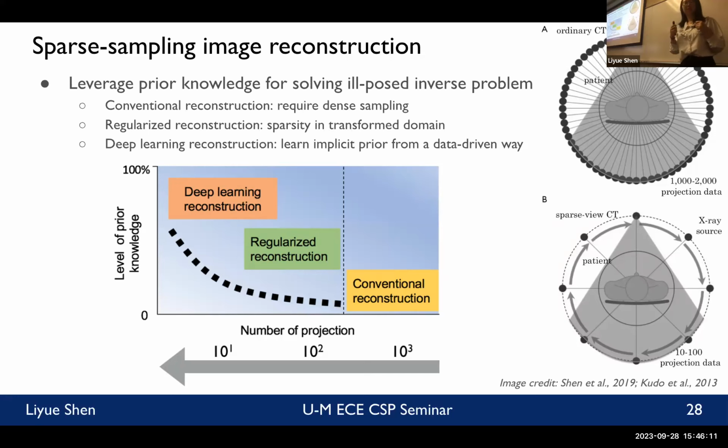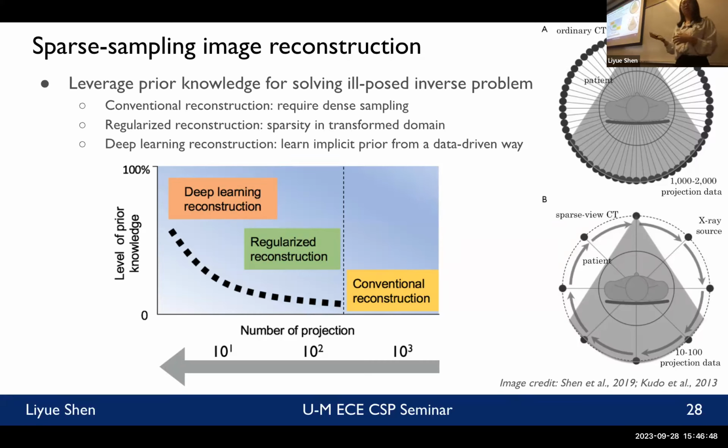Through regularized reconstruction algorithms, for example compressed sensing, we can introduce sparsity in some transform domain as regularization in the optimization problem to solve this inverse problem and reduce the number of projections we need to sample. This means that we introduce prior knowledge about the characteristics or properties of the data in order to reduce the measurements that we need to solve this problem.